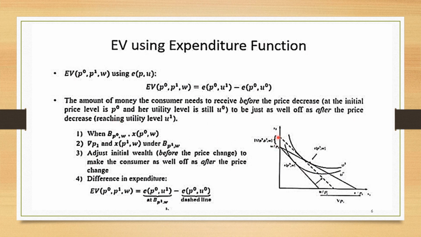So this is our EV, which is measured as the difference in expenditure between our final budget line and our initial budget line.